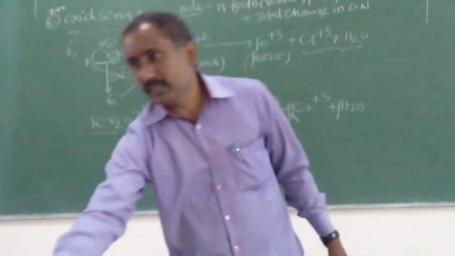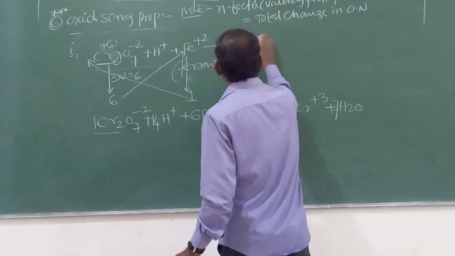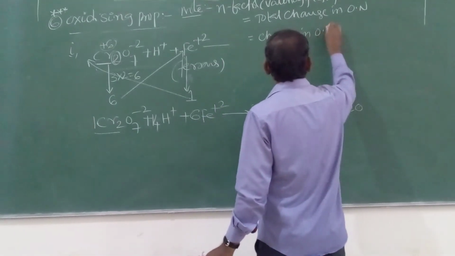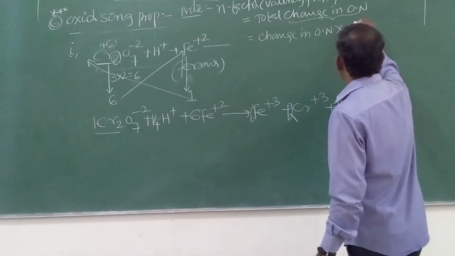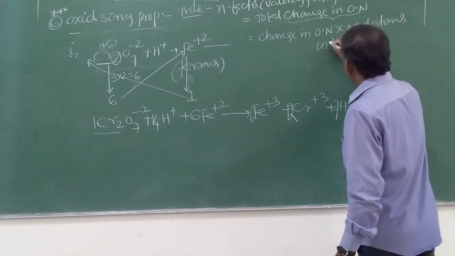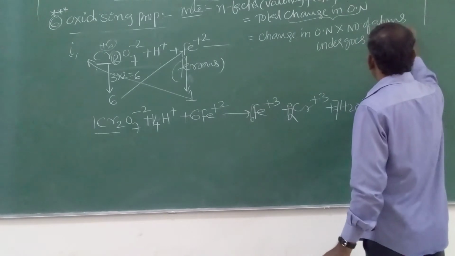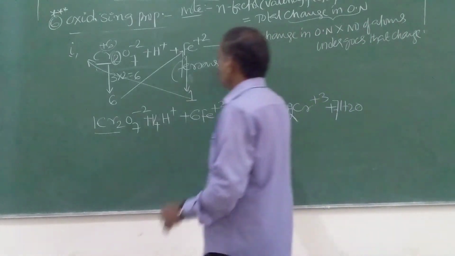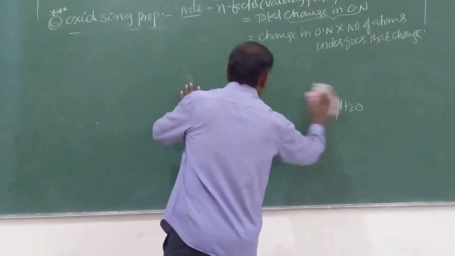Total change is nothing but the change in oxidation number into the number of atoms that undergo that change. The name itself is the answer.